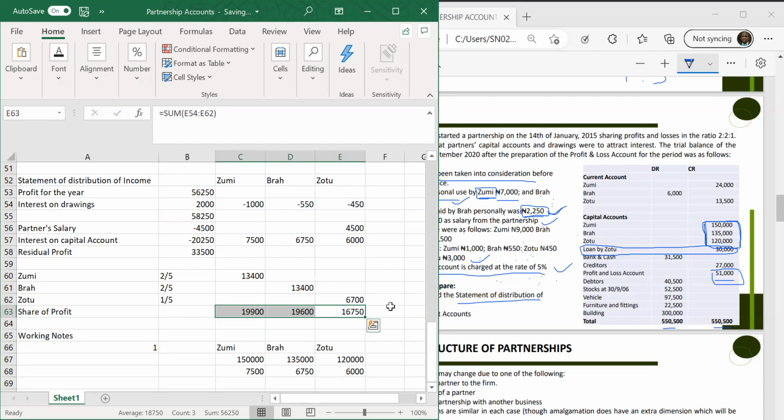When you sum it together, what did you get? I've summed mine. I just want you to sum your own. See, I've summed mine. What did you get, please?